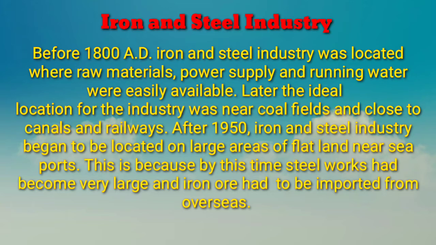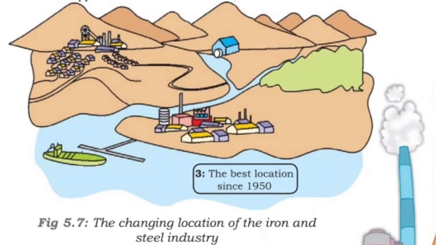This is because by this time, steel works had become very large and iron ore had to be imported from overseas. This figure shows the changing location of the iron and steel industry.